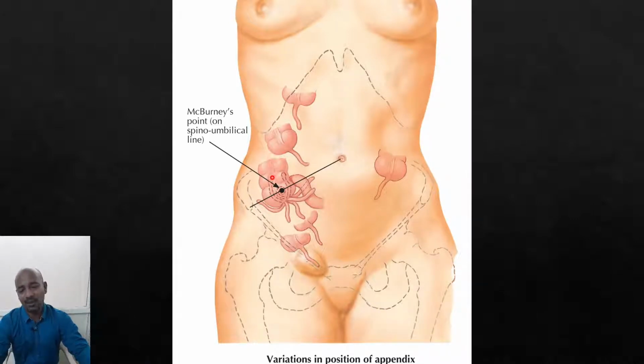These variations are probably because of abnormal gut rotation, malrotation of the gut, or incomplete rotation of the gut, or it can also descend down into the pelvis sometimes. Okay, so these are variations in the position, but the most common location is in a normal living person.